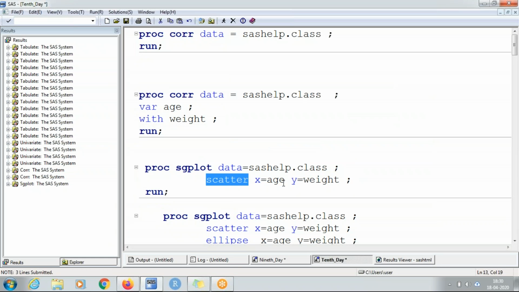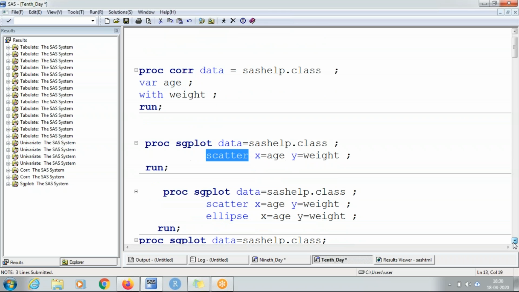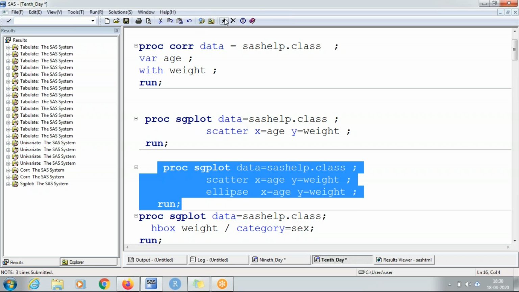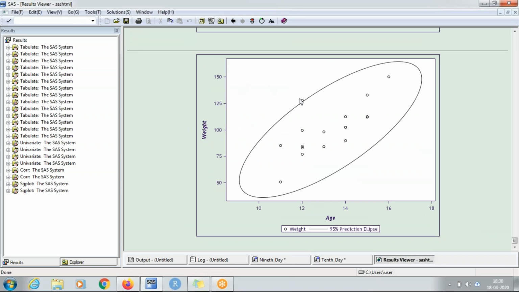Then scatter, your x and y. And if you want to use this ellipse function, this will plot a 95% prediction ellipse, that your data will lie 95% between this range.